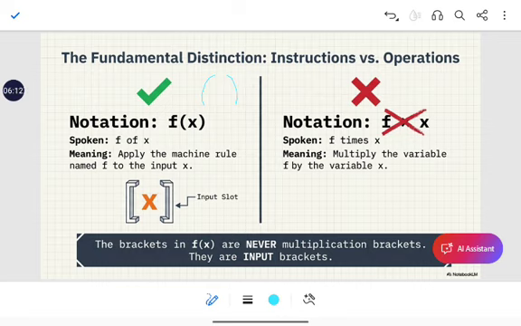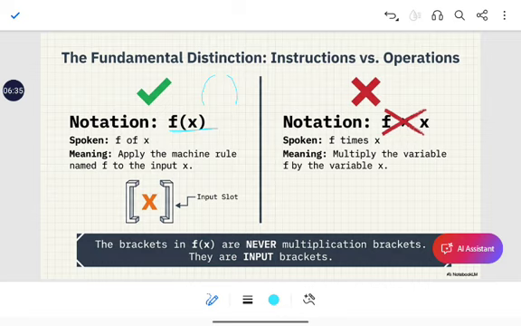Great. But when we come to function notation, the bracket we see here is not multiplication. It is a placeholder, just something to put values in, a container.